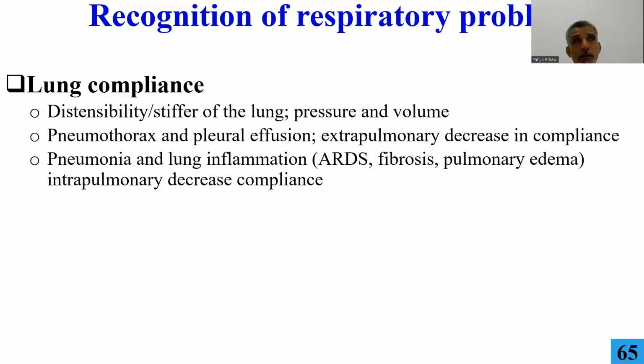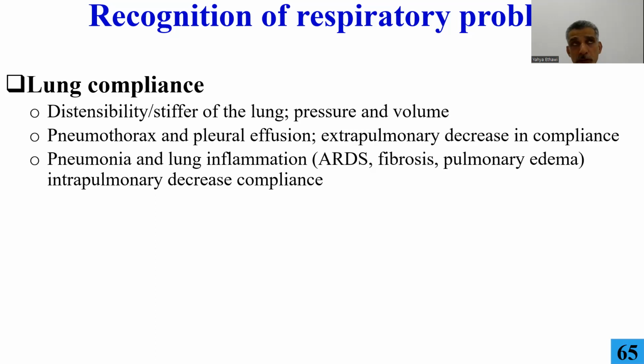Pneumothorax, because air around the lung changes the negative pressure. Also, when there is fluid around the lung, it changes the negative pressure. And any extrapulmonary mass will decrease compliance because it decreases the volume.